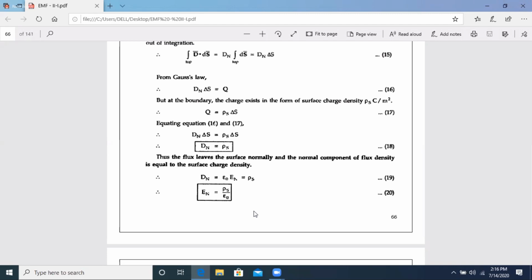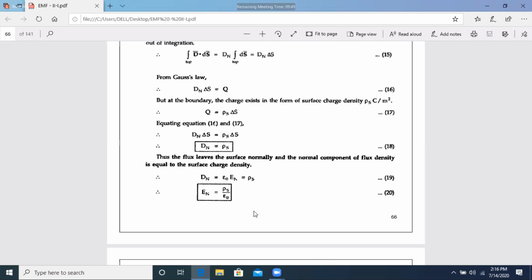D normal 1 is 36 epsilon naught AZ, and that is equal to D normal 2. But you said the other medium, epsilon R, is 4.